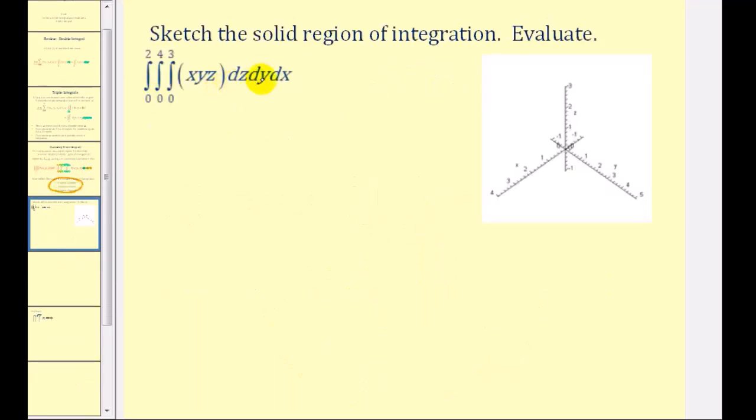Here we want to sketch the solid region of integration and then evaluate. Because we're integrating with respect to z first, z is going to be on the closed interval from 0 to 3, y will be on the closed interval from 0 to 4, and then x will be on the closed interval from 0 to 2. So the region of integration would be the box formed by these intervals.